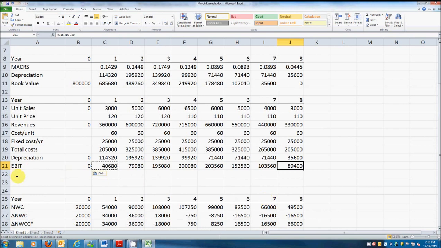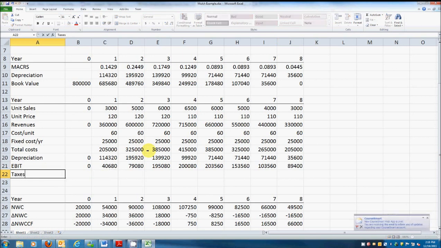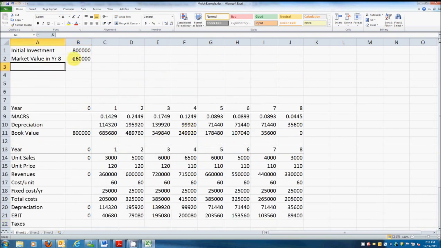Okay, now we need to be able to figure our taxes. And to do that, we need to have our corporate tax rate, which I'm going to put up here. And they tell us that our corporate tax rate is 34%. So I'm going to put in 0.34. And if you like, you can format that as a decimal or as a percentage.